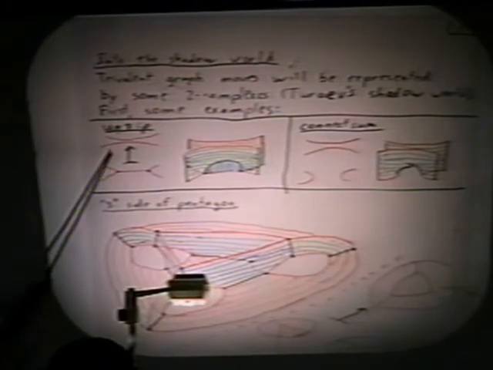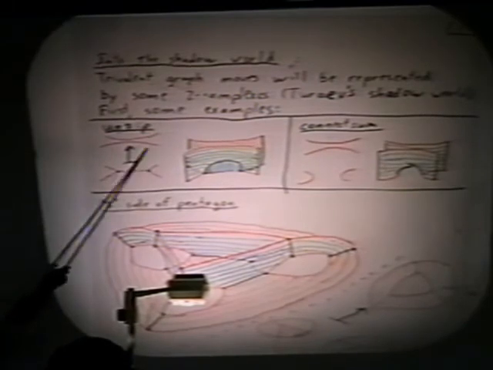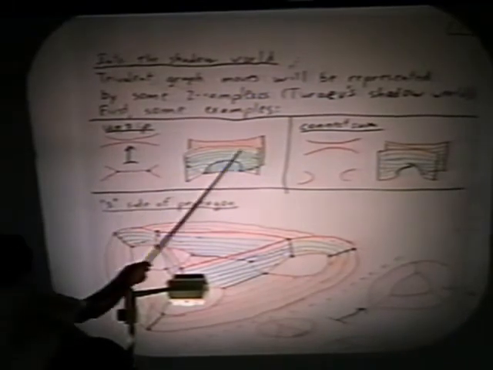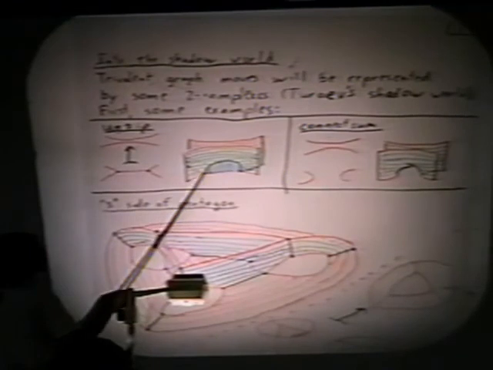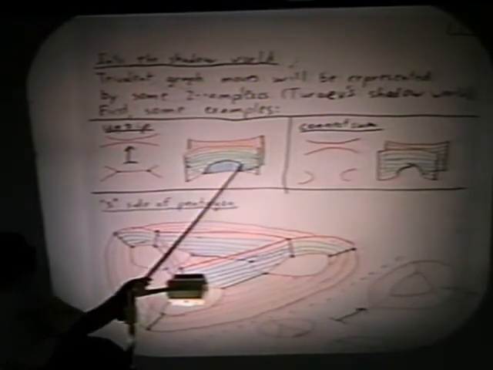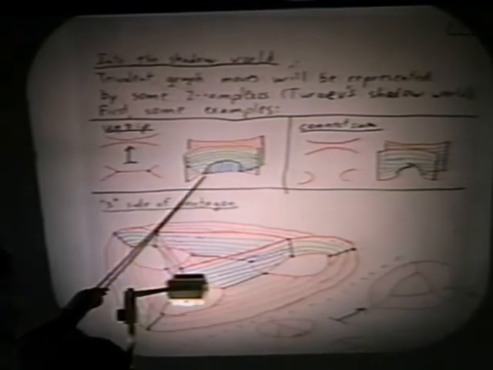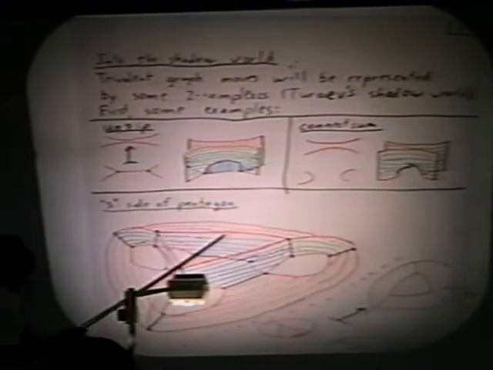So, for instance, to do an unzip loop, we want some 2 complex whose boundary is this space on the bottom and this one on the top, and there's a very natural 2 complex to write down, which is this one. We have a little bigon region here, and you've split it apart.